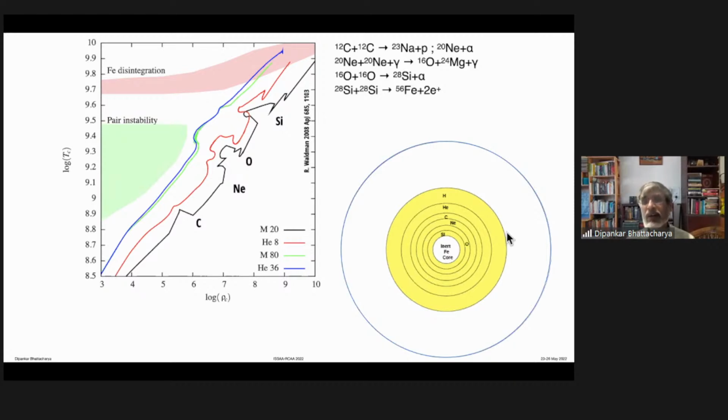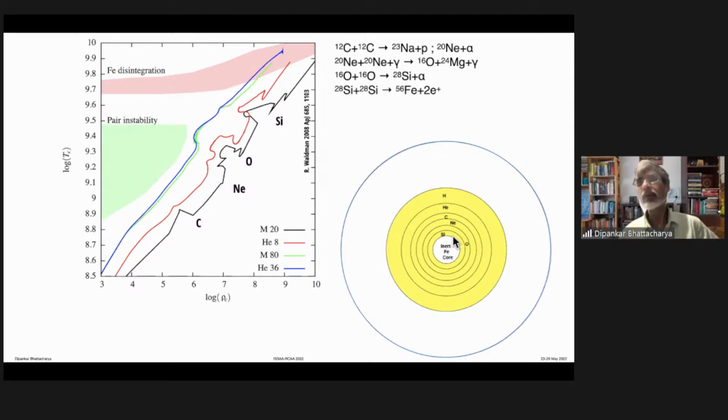But ultimately, all of this is leading to more and more iron being produced and being added to the inert iron core. So the inert iron core is supported now partly by thermal pressure and partly by degeneracy pressure.